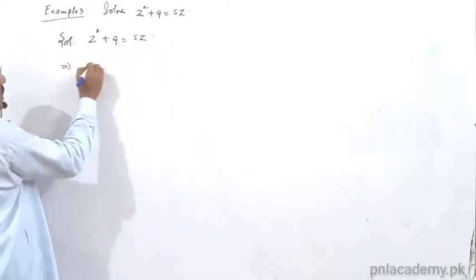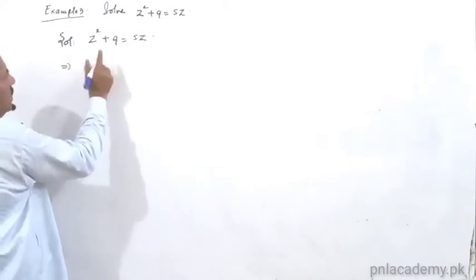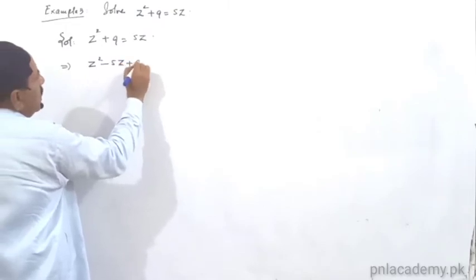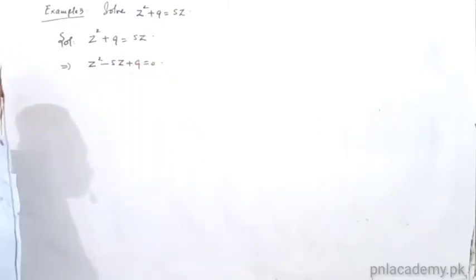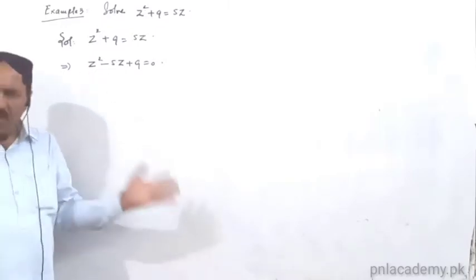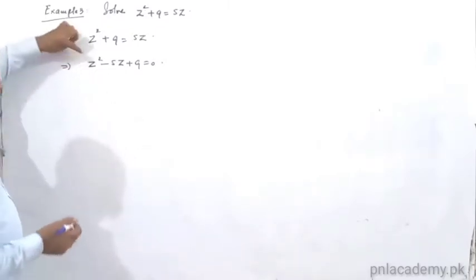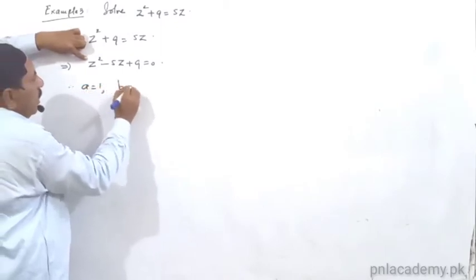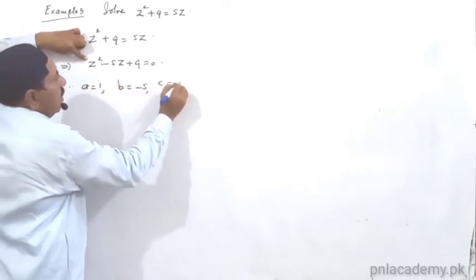We can write this in standard form as z square minus 5z plus 9 is equal to 0. Comparing with the quadratic equation, the value of a is 1, b is equal to minus 5, c is equal to 9.